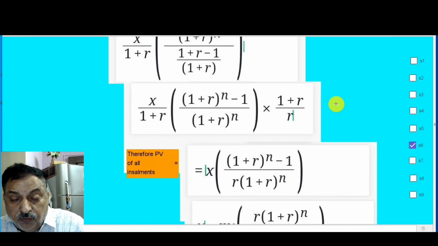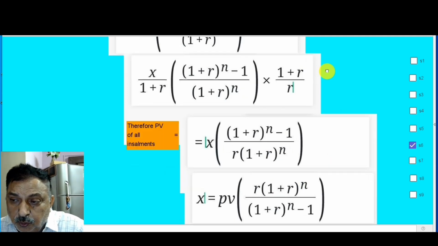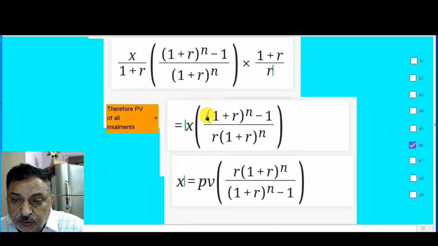Now we have to find the value of x. To find the value of x, take this to the other side. Therefore x is equal to r into 1 plus r power n upon 1 plus r power n minus 1, on that side.